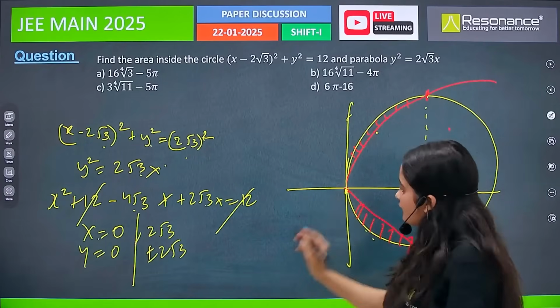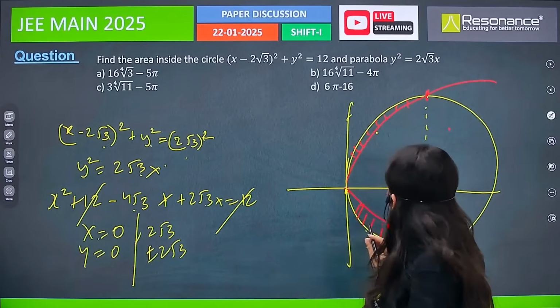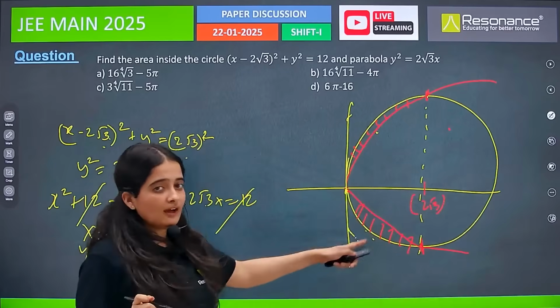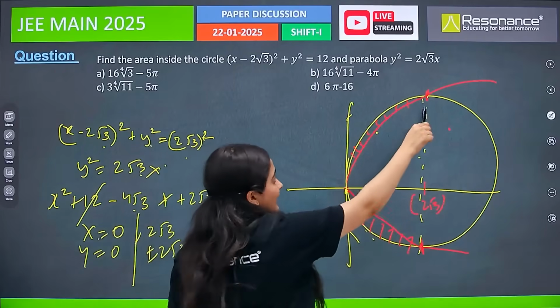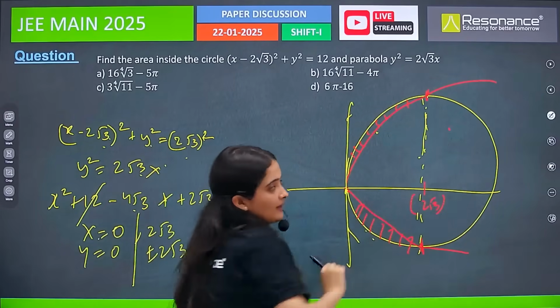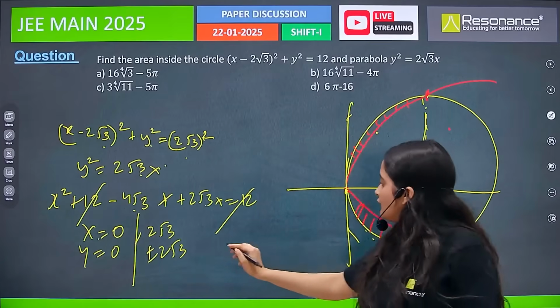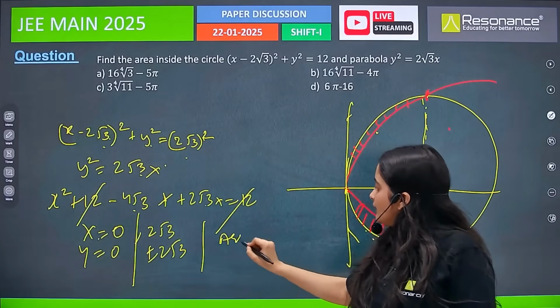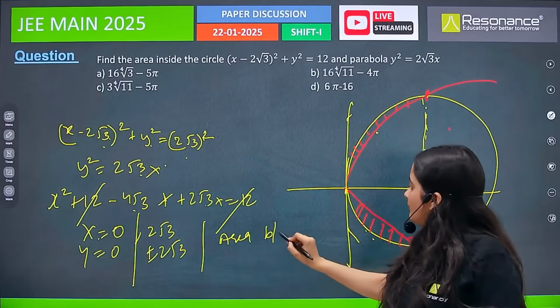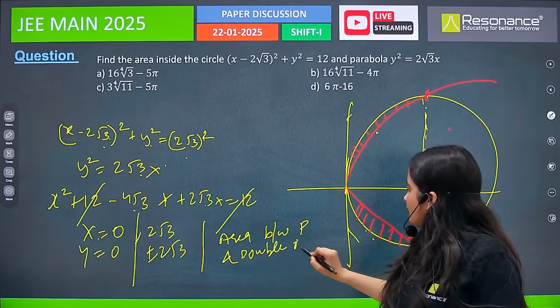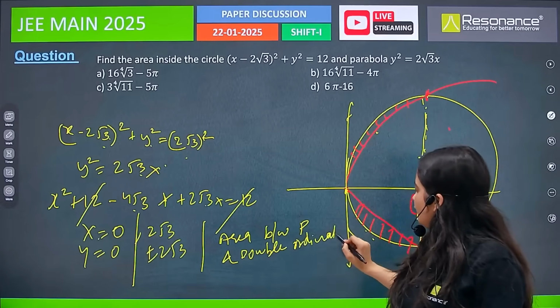Okay, so if you see, what will be this area? This will be a semicircle. So you are going to get area of semicircle minus area between the parabola and the double ordinate. This line is perpendicular to the axis of the parabola, so this is a double ordinate. In our sheet we have given this formula. Area between parabola and double ordinate is 2/3 area of rectangle.